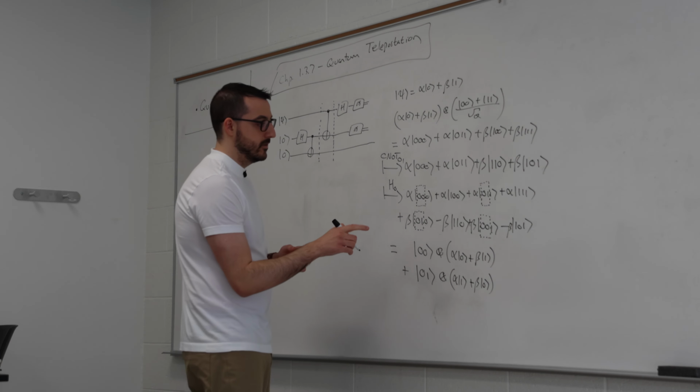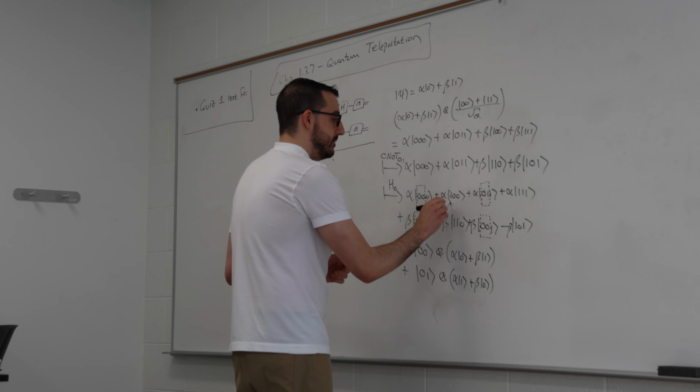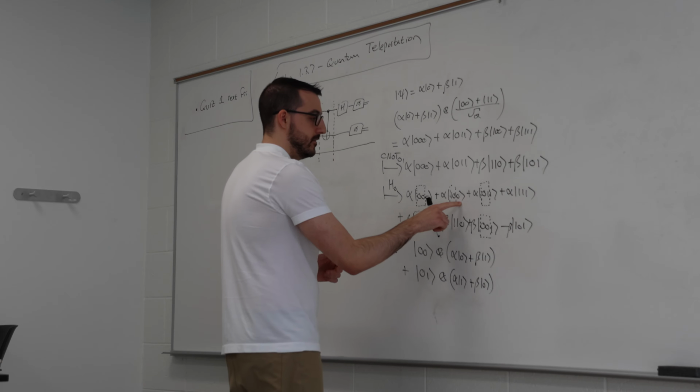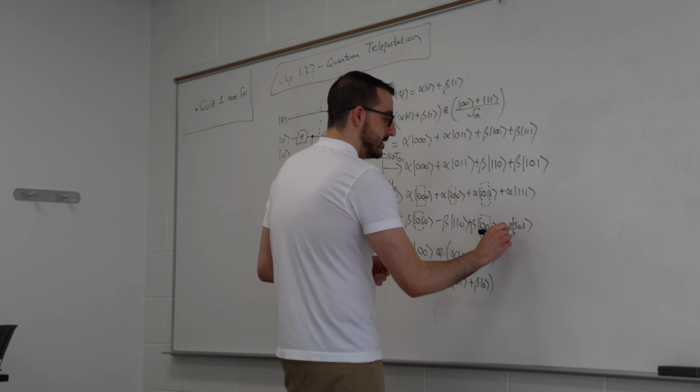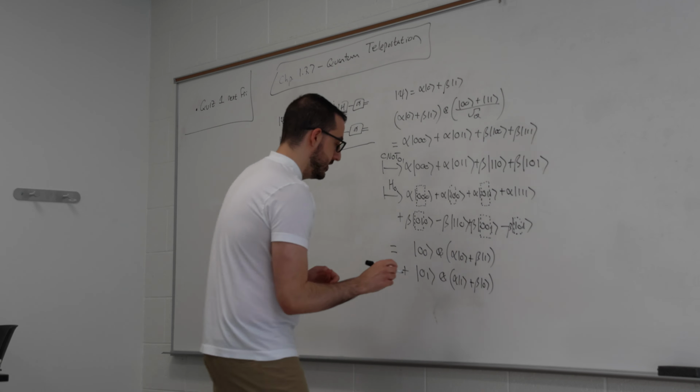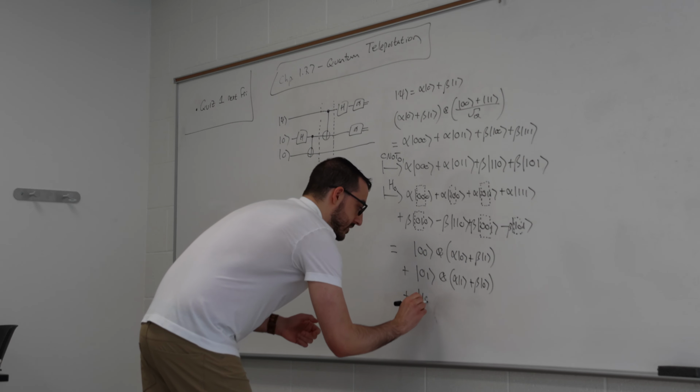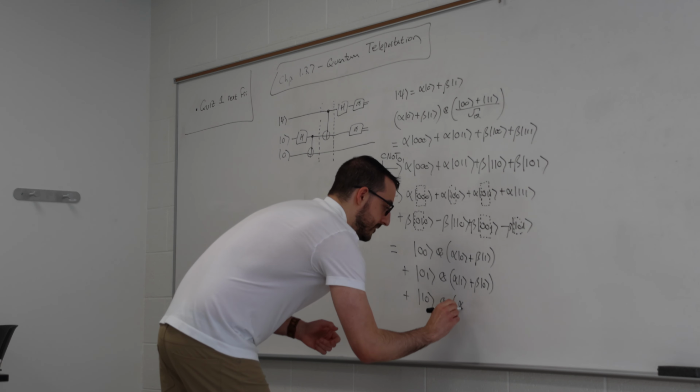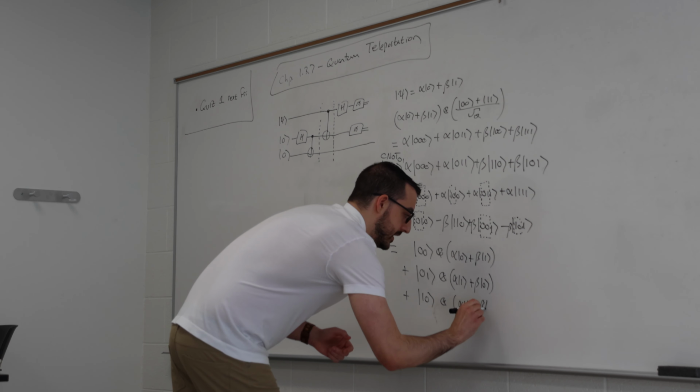So the next one will be 1, 0, and that appears here with the alpha 0. And the other 1, 0 appears here with a minus beta 1. So the third case is 1, 0, tensor, alpha 0 minus beta 1.